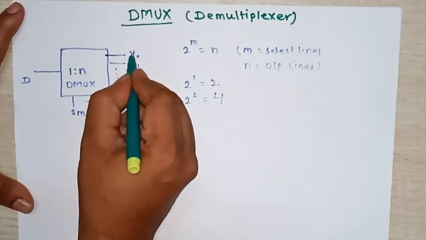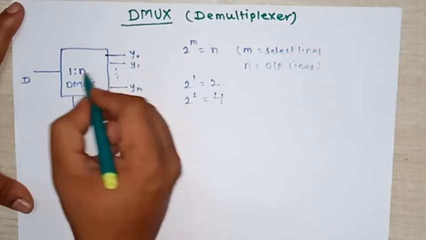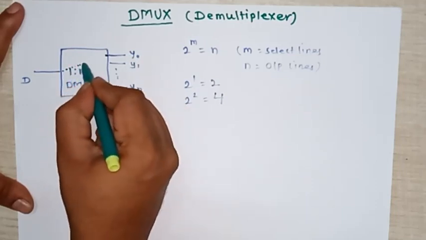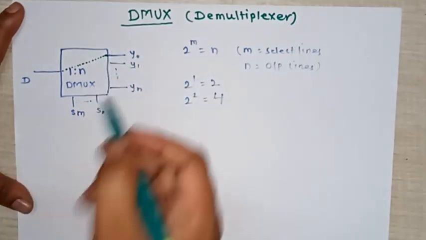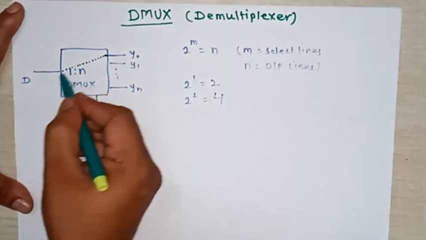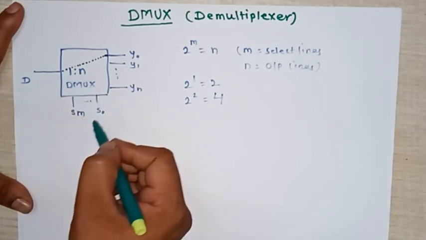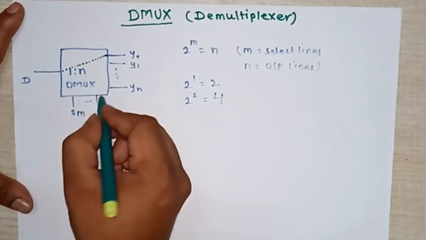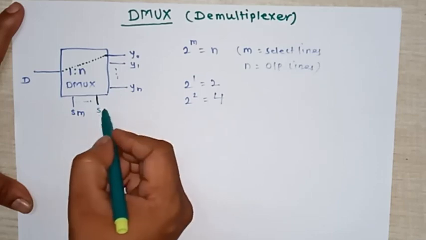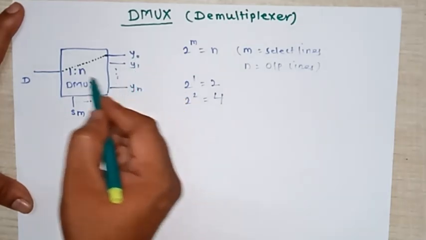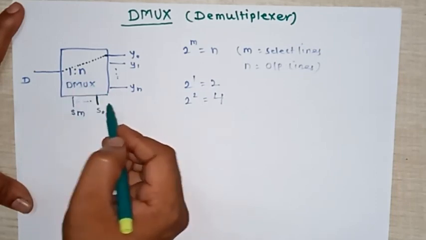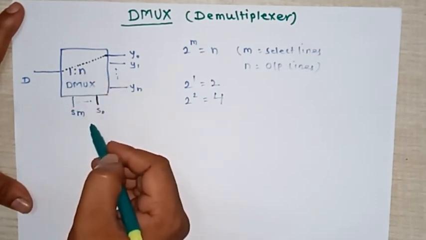This output y0 is selected, and it is connected to the input line, so y0 will be connected to D. So by the status of the select lines, it selects any one output line toward the input line. That is the function of the demultiplexer.